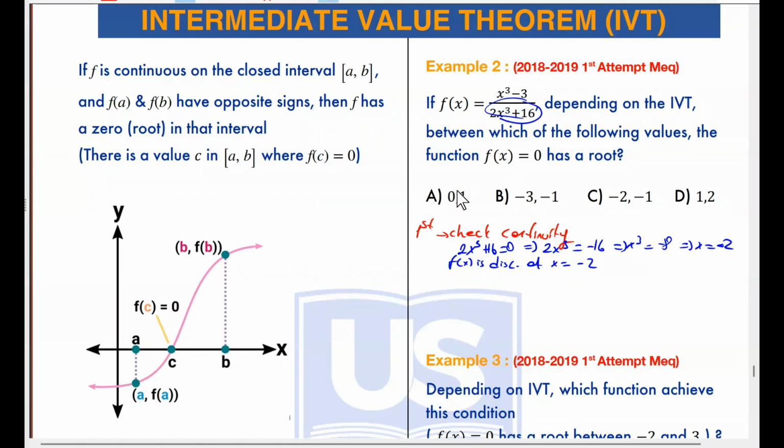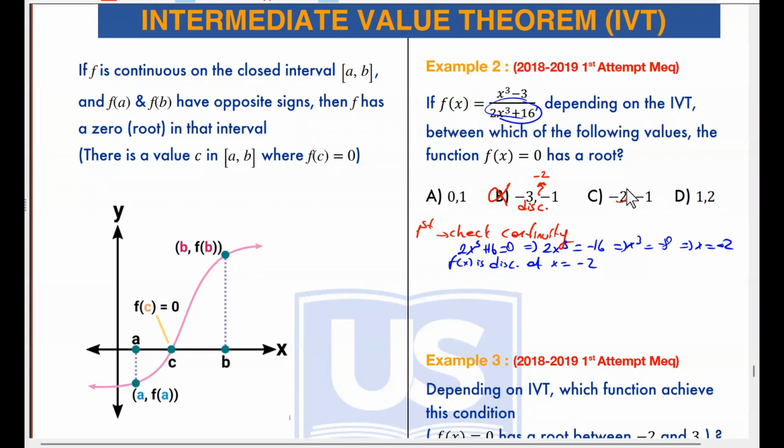Do you have negative 2 between them? No negative 2 in option A. Do you have negative 2 between negative 3 and negative 1? Yes, between negative 3 and negative 1, there is negative 2. So the function is discontinuous on this interval, so B can't be true. Option C, do you see negative 2?